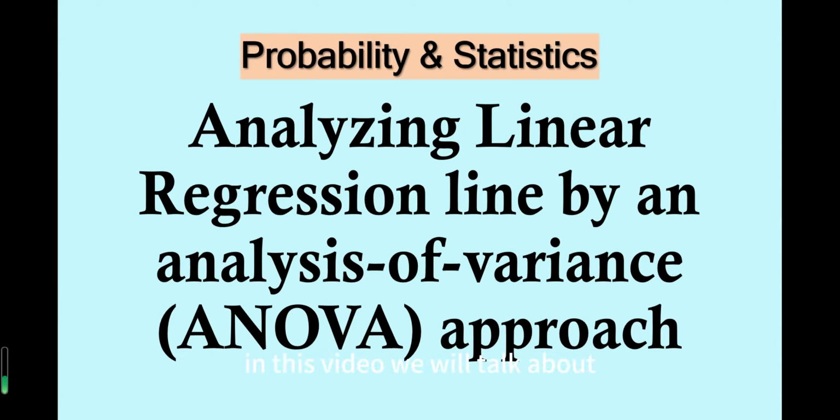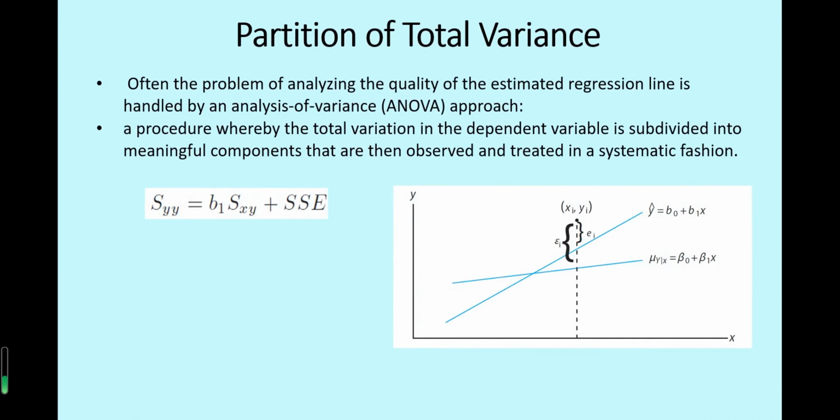In this video, we will talk about using the analysis of variance approach, or ANOVA approach, to analyze the linear regression model. Say we have a simple linear regression y with independent variable x.